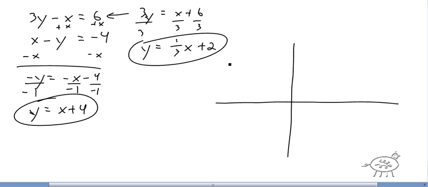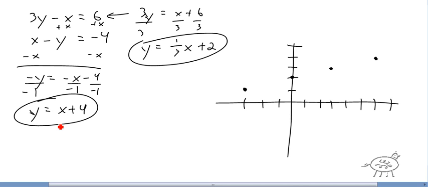For the first one, the y-intercept is 2, and then let's put some points. It's up 1 over 3, up 1 over 3, down 1 over 3. That should be pretty reasonable.